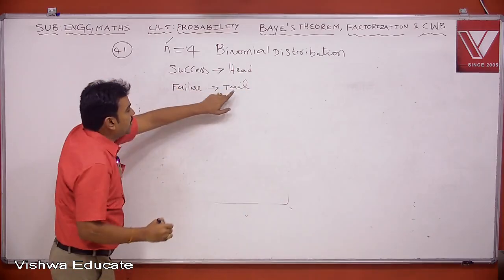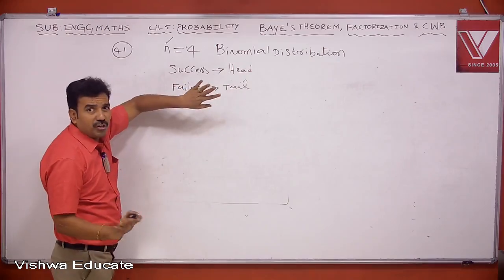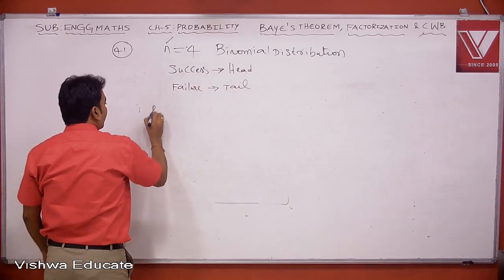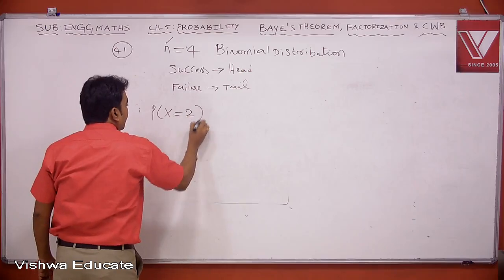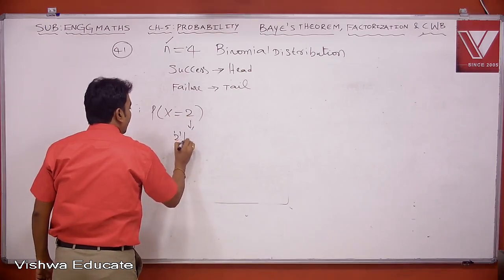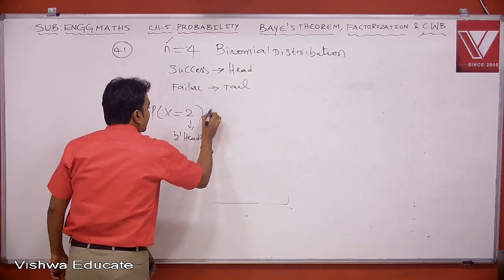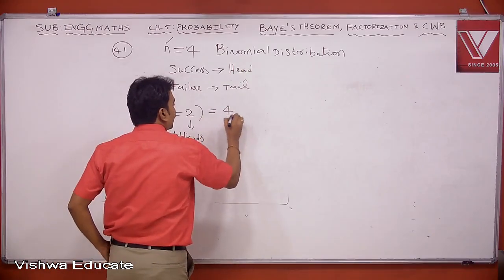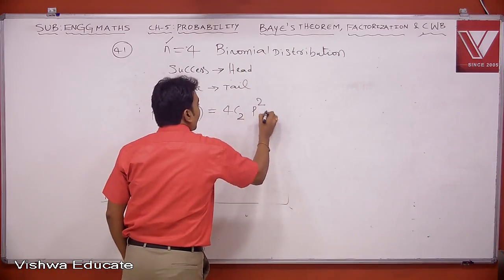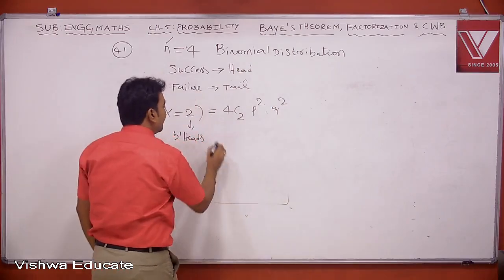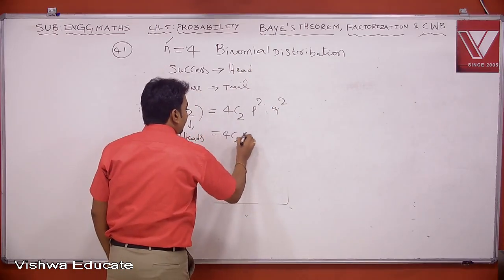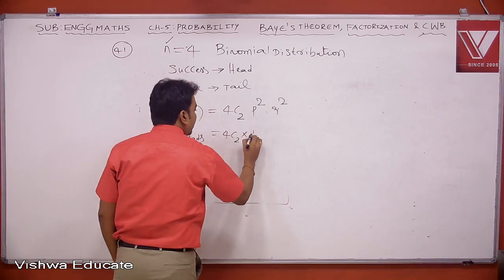You can also take getting tail as success and getting head as failure, no issues. Now the probability to get 2 heads: the formula is 4C2 into P square into Q square. So this is 4C2 into the probability of getting a single head, which is 1 by 2.